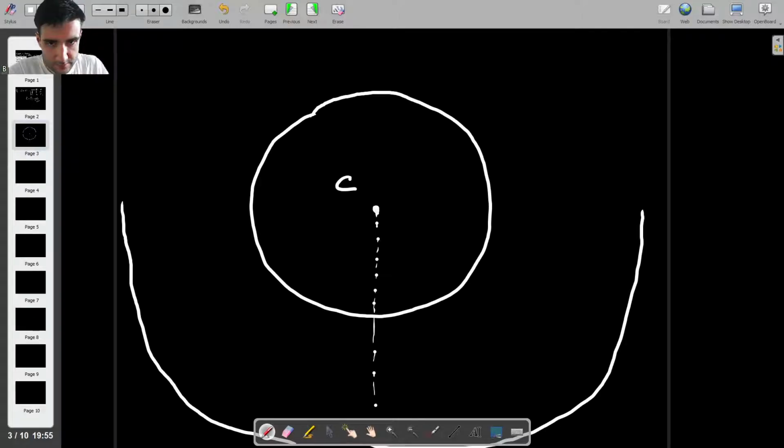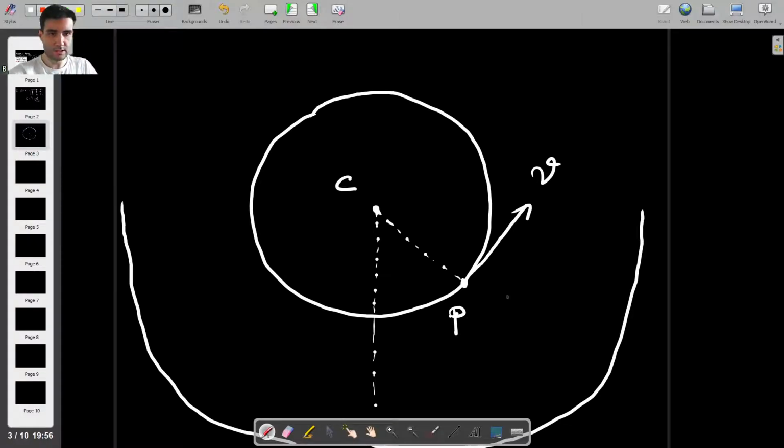And then this here is going to be my point P, and then I've got my v component of the velocity of point P, which is here.